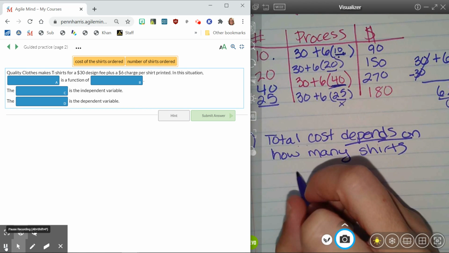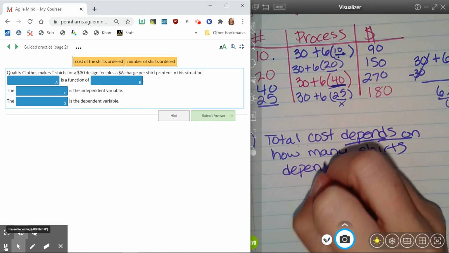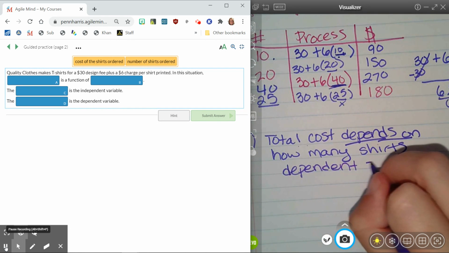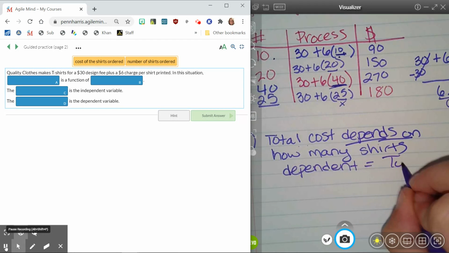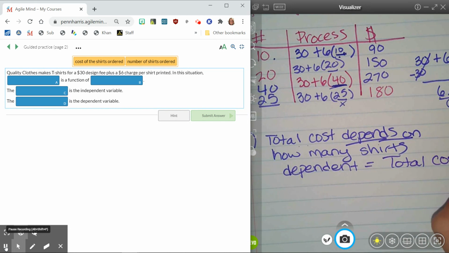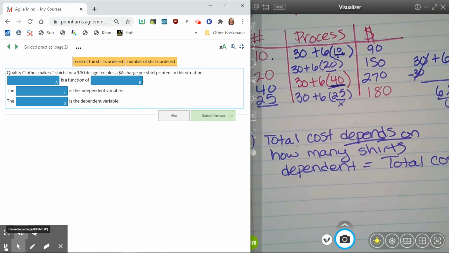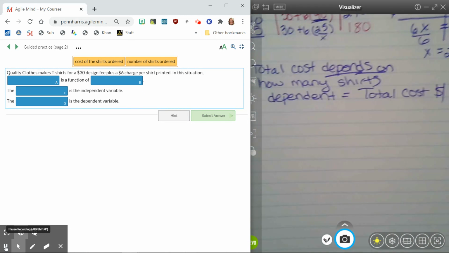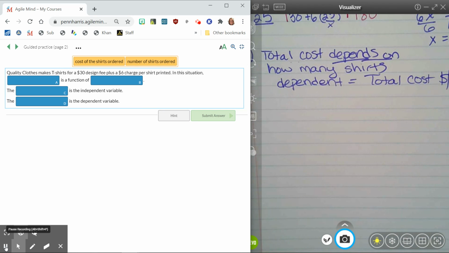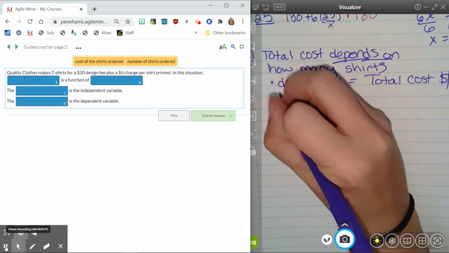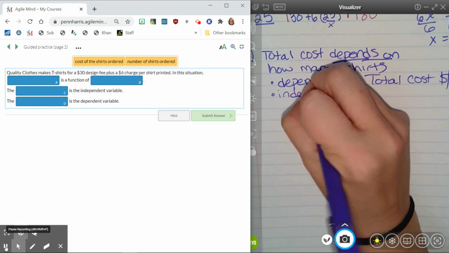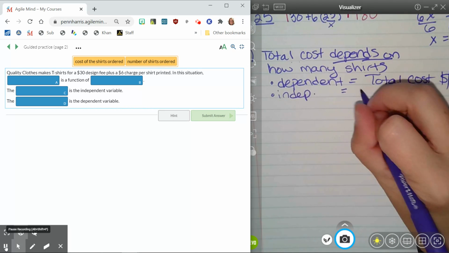It says the total cost depends on how many shirts. So my dependent variable is going to be my total cost, my money. And my independent is going to be how many shirts I order.